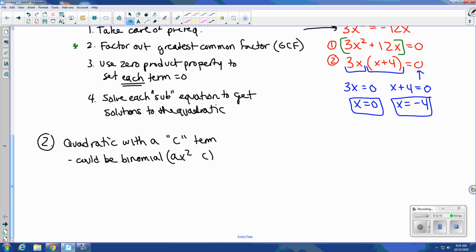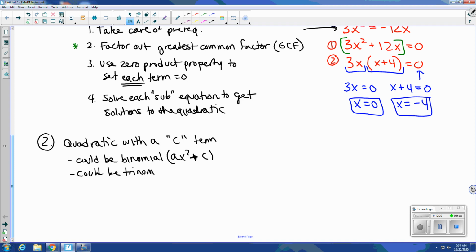The reason it's the bx term that has to be missing, because if the ax squared term was missing, we wouldn't have a quadratic anymore. Right, it's that degree 2 that defines the quadratic. Or it could be a trinomial.